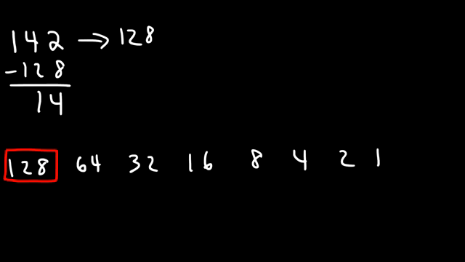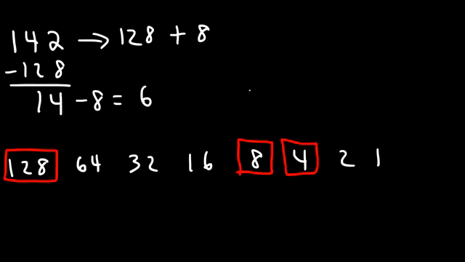And so the next highest number just under 14 is 8. And so 14 minus 8 will give us 6. But let's put the 8 here. Now the next highest number that's under 6 is 4. So if we subtract 6 by 4, that will give us 2. So let's put the 4 here. And then 2 minus 2 will give us 0.